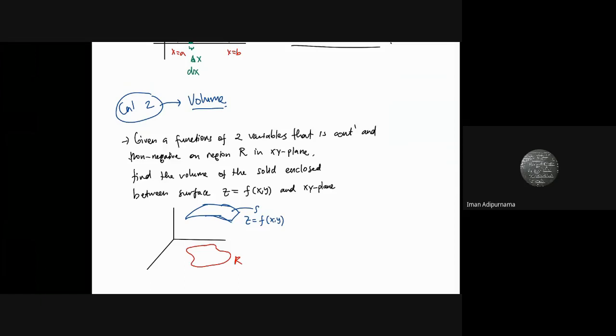So what we are going to do is, based on this region, let me cut the region into small squares or small rectangles. And then we are going to map this R onto our surface, so we are mapping one by one.